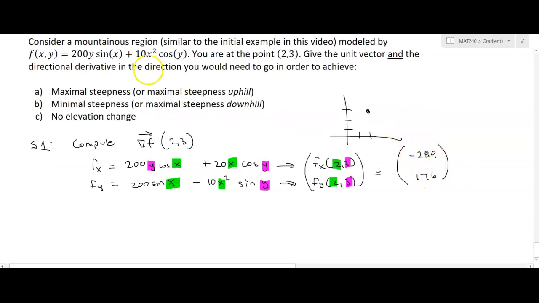Now, in order to travel in the direction of maximal steepness, we're going to move in the direction of the vector grad f.